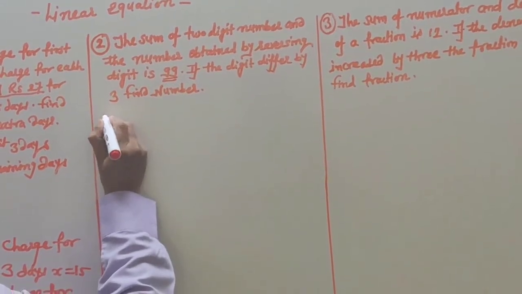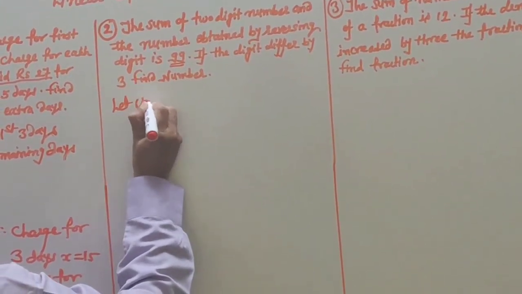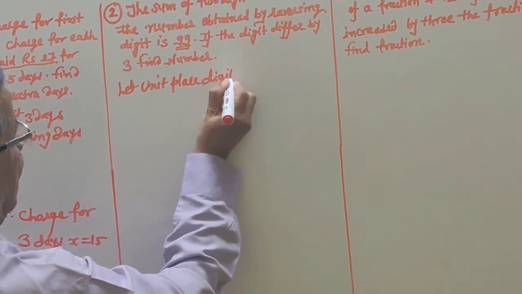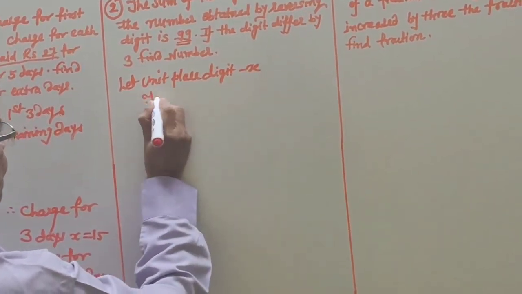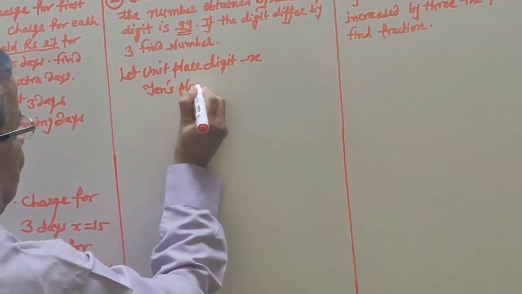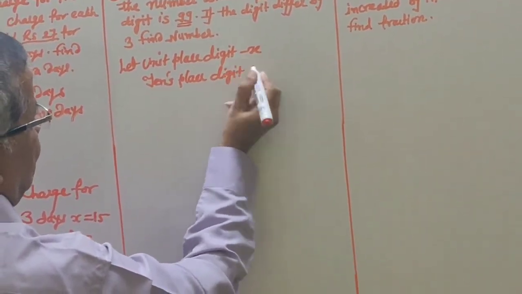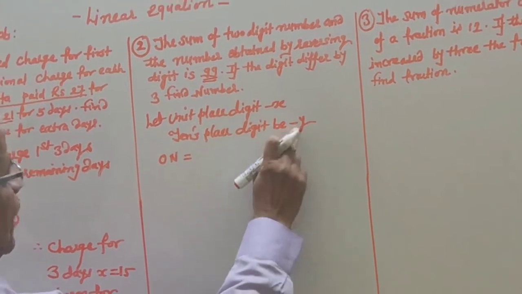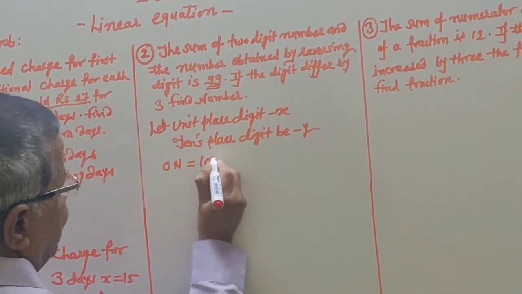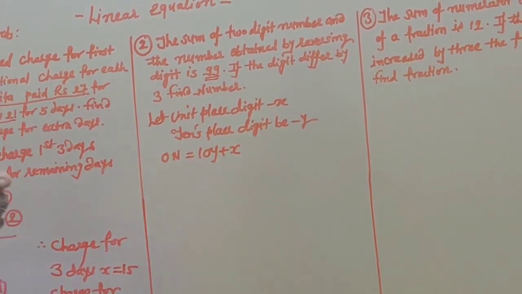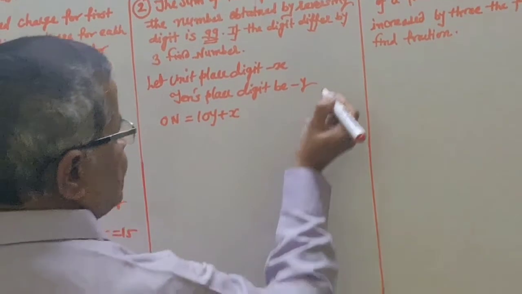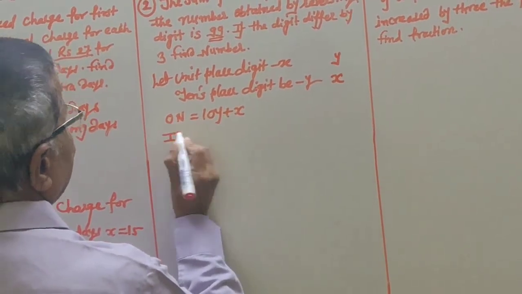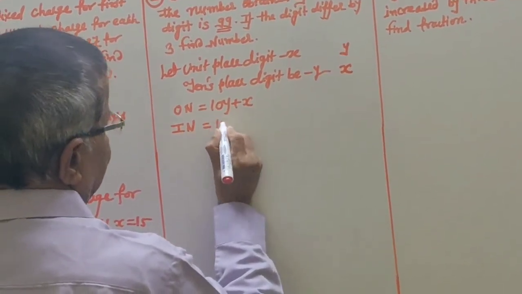Now let the unit place digit be X and the tens place digit be Y. Now the original number, you have to multiply the tens digit by 10, so you will get 10Y plus X. The reversed number, the interchanged number, is 10X plus Y.